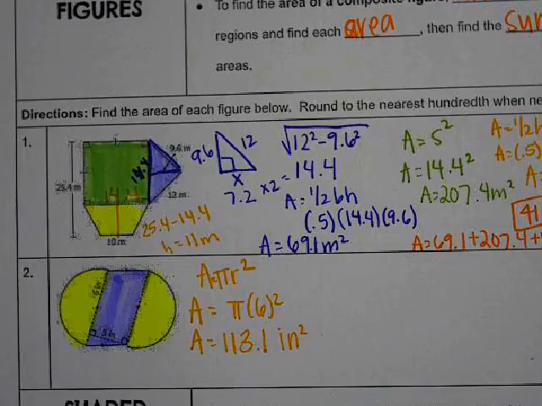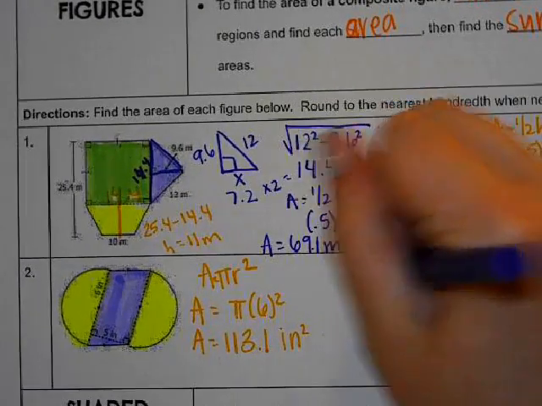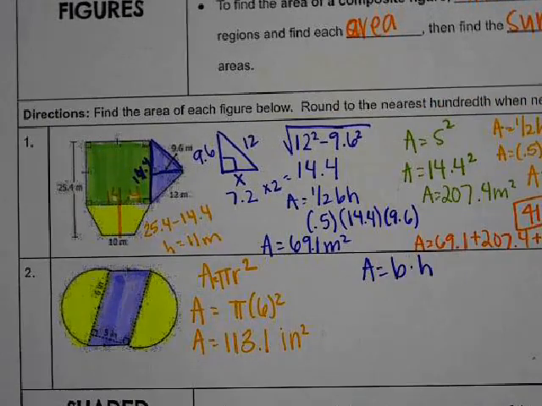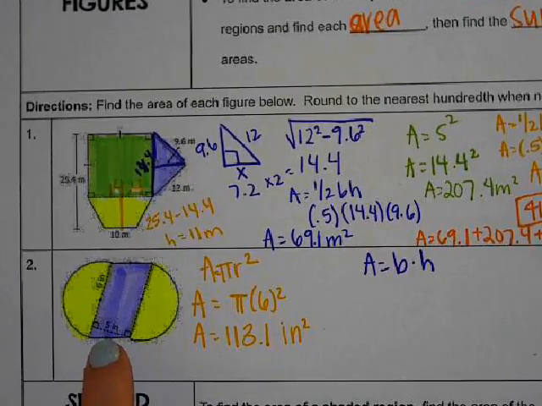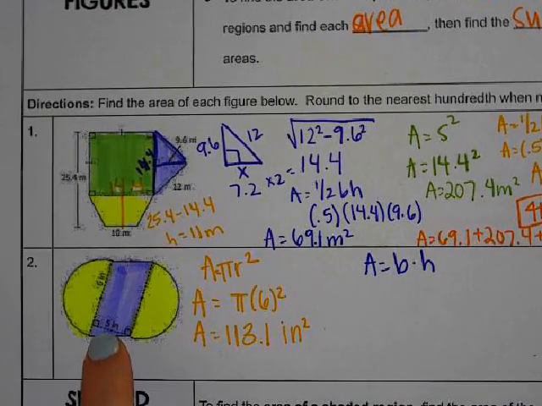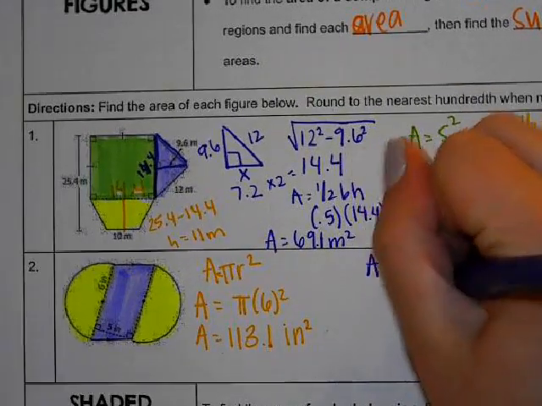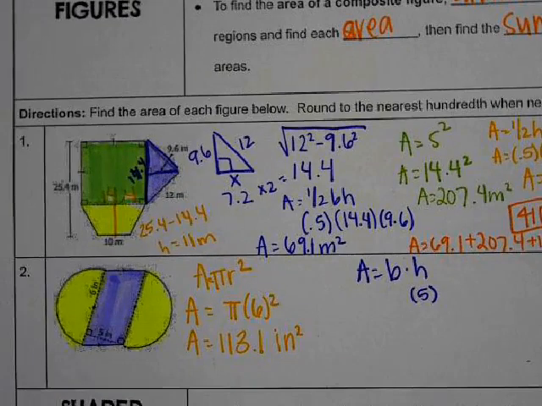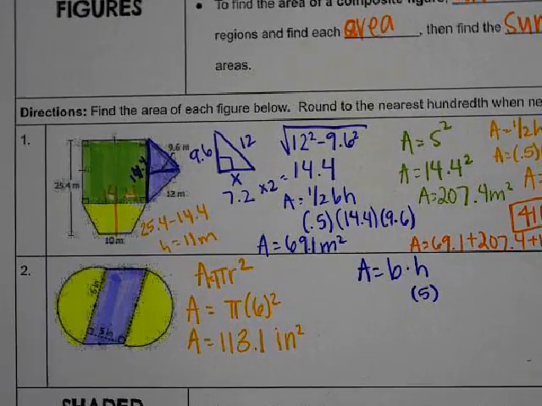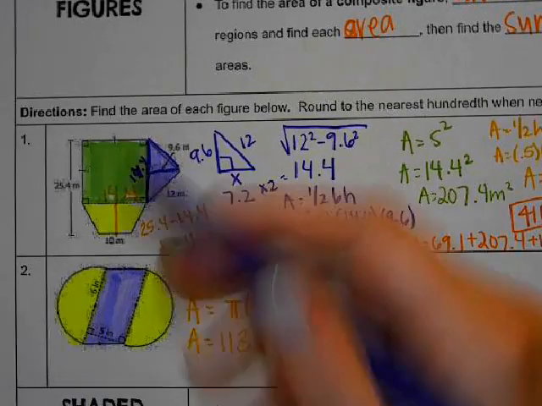If you look at the parallelogram now, I know a parallelogram is just area is equal to base times height. I have my height here. It might be kind of hard to see in the video. It is a 5 right there. So I know my height is 5, and I know this is my base. Now, the base of this parallelogram is going to be the same as the diameter of the circle, not the radius, because I don't want half of it.